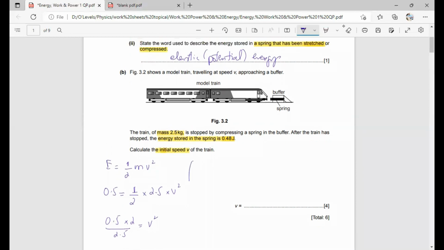On further calculation, if we take the square root on both sides, we will get the value of v, that is 0.62 meters per second.